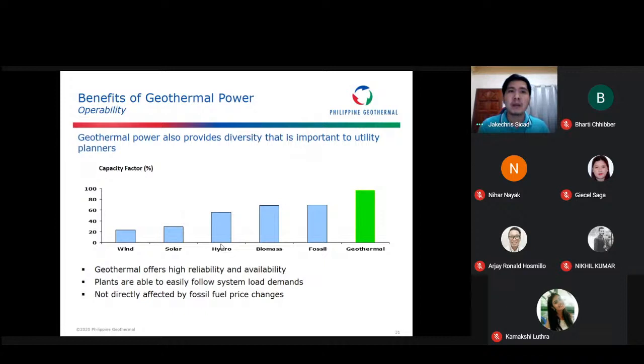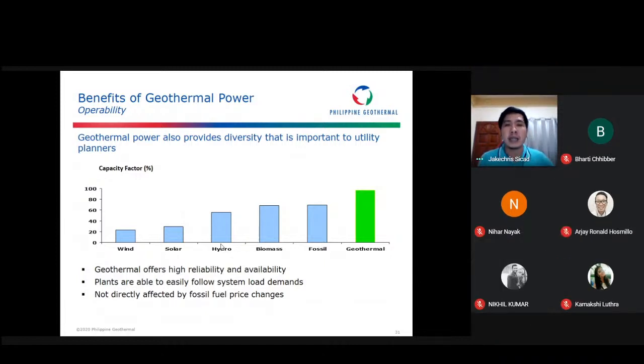Geothermal power in terms of operability offers diversity in terms of being able to supply the demand from its customers. So it offers high reliability and availability, and we can actually follow the demand of the system.